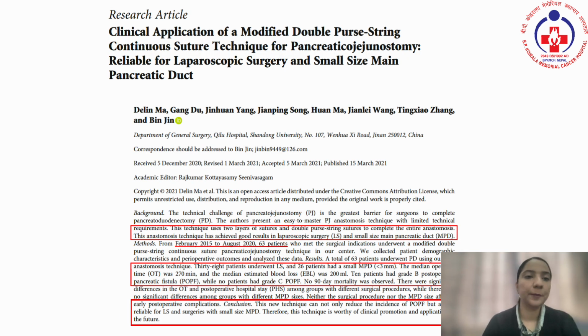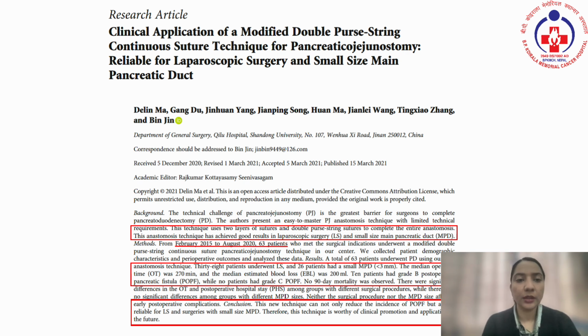And this is another article. This is done for both laparoscopic surgery and also for small size main pancreatic duct. They took about 63 cases, and 38 cases underwent laparoscopic surgery and 26 cases were of small pancreatic duct, that is less than 3 mm.